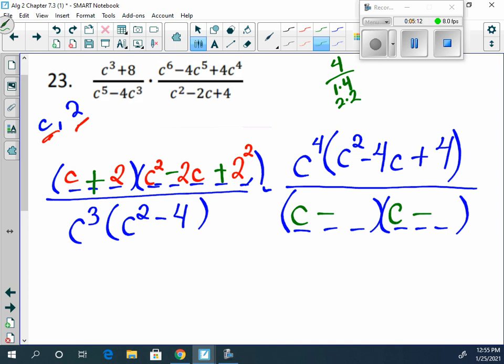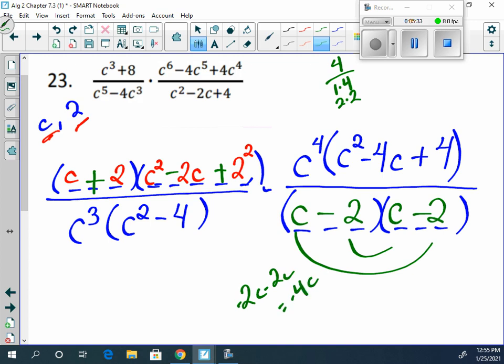Now which one do we want to try first? So if we check it, negative 2 times c is going to be negative 2c. Negative 2 times c is going to be minus 2c, which will give us negative 4c. Is that what we wanted? Well, no, we wanted minus 2c, correct? Okay.